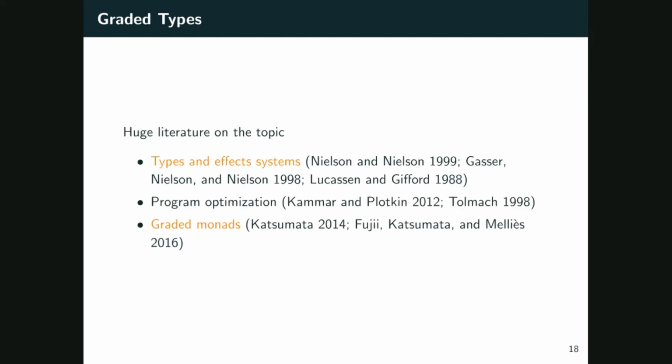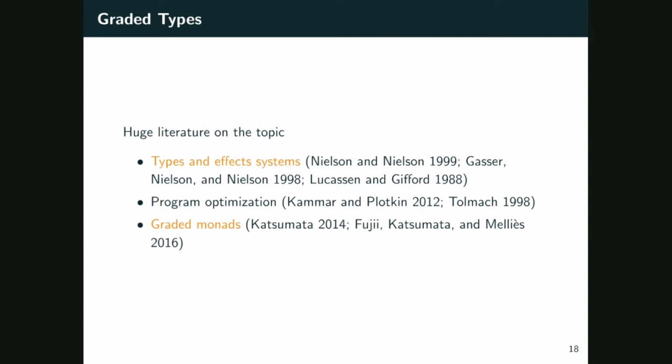And this kind of approach is known by several names. One of them is graded types, and there is a huge literature on these topics, started from type and effect systems at the beginning of the 90s. And nowadays there are also several works which focus on the semantics of these kinds of systems, especially using graded monads, which is the approach that we'll follow in this talk.